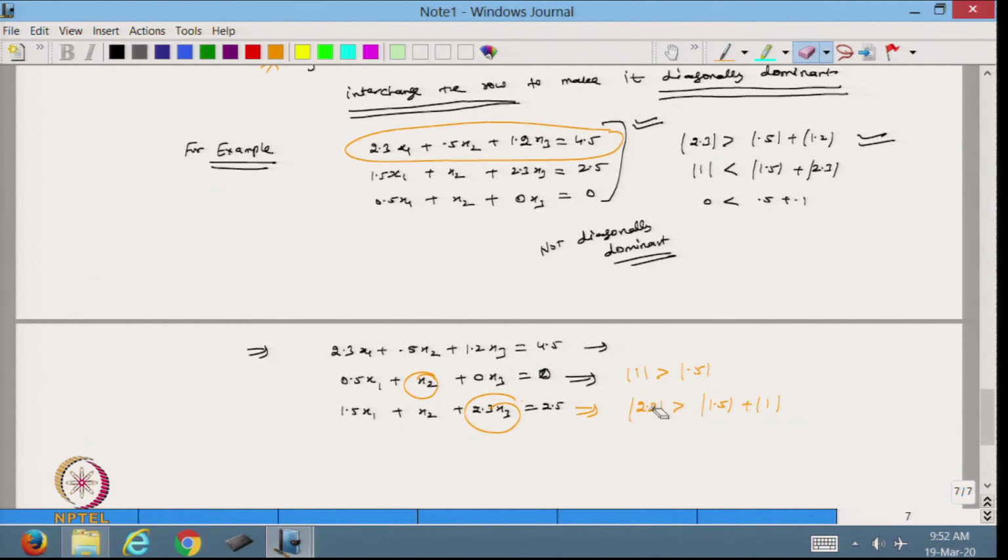So this matrix is not diagonal dominant.